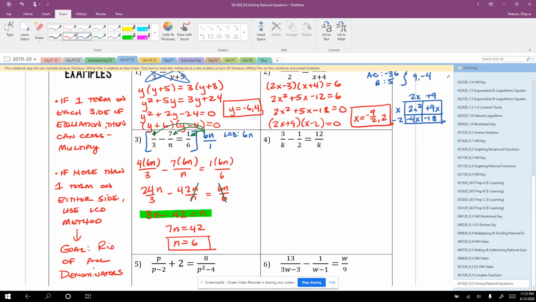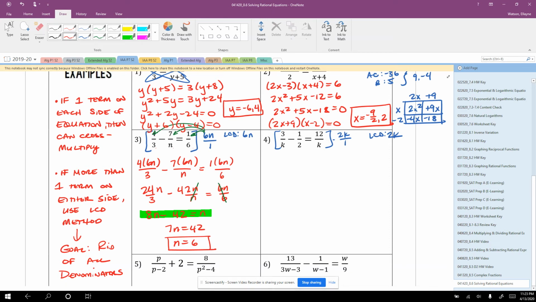Okay, so same thing we did last time. First step would be LCD. So there's only one constant or one number, which is 2, and then we need a k. So multiply both sides by that LCD, 2k, and I'll write it 2k over 1.